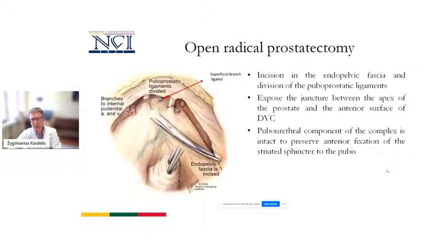Incision in the endopelvic fascia and division of the puboprostatic ligaments expose the junction between the apex of the prostate and the anterior surface of the deep venous complex, the dorsal venous complex. The urethral component of the complex is left intact to preserve the anterior fixation of the striated sphincter to the pubis.